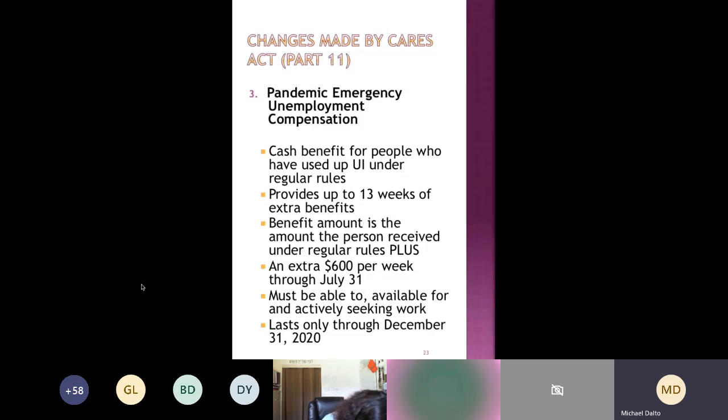And the benefit amount that they'll get is the same amount that they were receiving under the regular rules, plus that extra $600 a week through July 31st, if they remain eligible. But to get this benefit, for people who've already exhausted their regular UI benefit, they do have to be able, available for work, and actively looking for work. The law does say they need to be actively looking. And like the other programs, this one ends December 31st of this year.